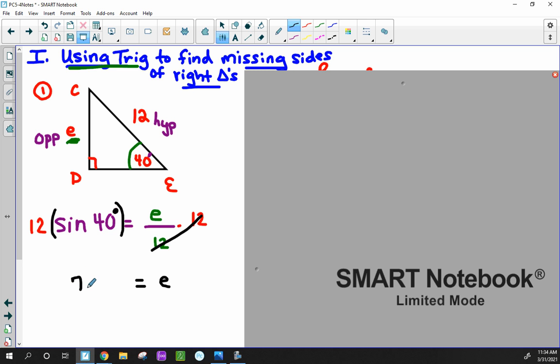I'm going to round to the nearest hundredth, so I'm going to write 7.71. And because E stands for a side, and I did not give you units up here like inches or feet, I'm just going to put units on my answer. So 7.71 units is the length for side E.